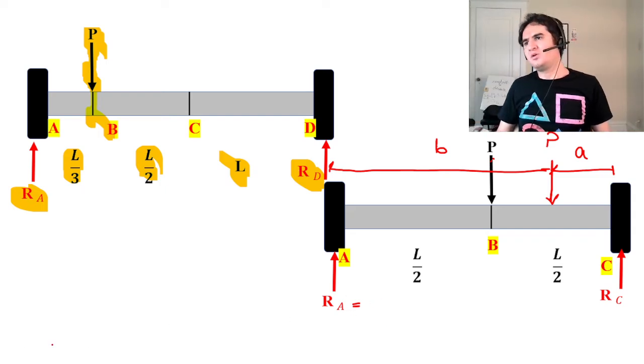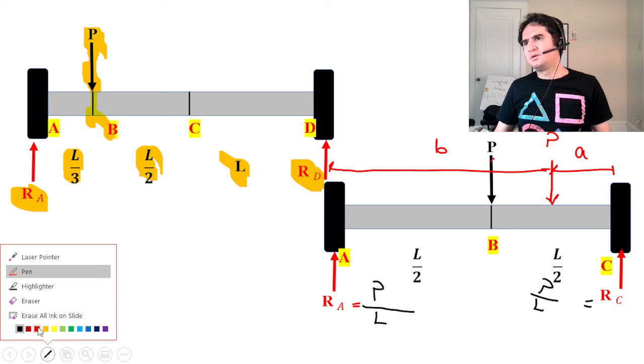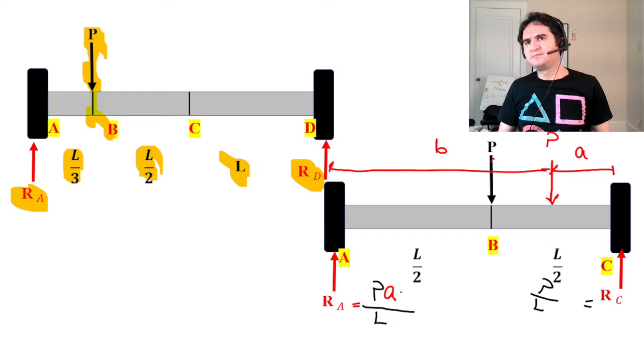Now let's see how the equation goes. RA is P over L, and RC is P over L, but this time RA goes by the distance to the other section, and the reaction at C goes by the longer distance.